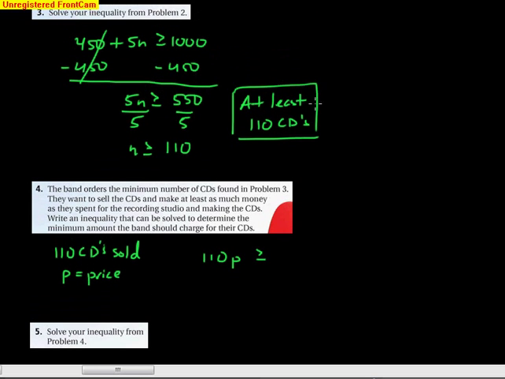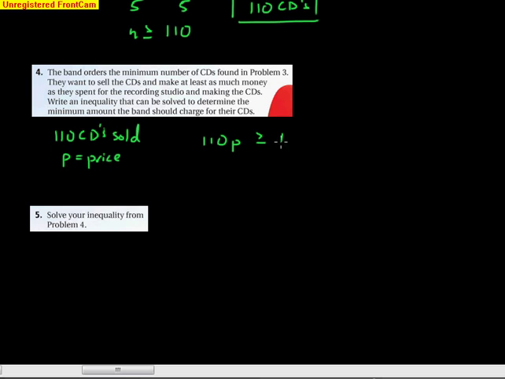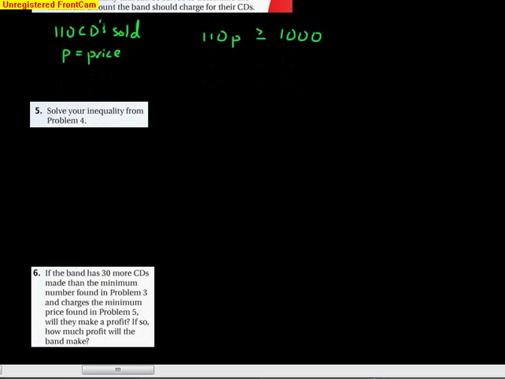Well, if N is exactly 110, that means we spent exactly $1,000. So this amount must be greater than or equal to $1,000. And this is the inequality we're going to try to solve. So 110 CDs times the price I want to charge is going to be greater than or equal to 1,000, which is what I spent.